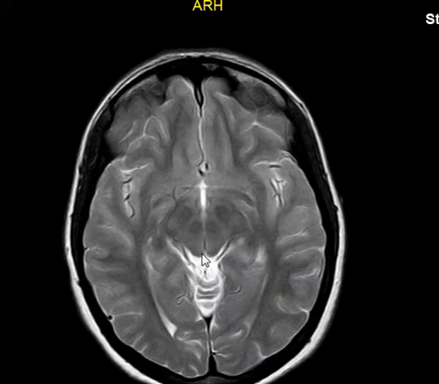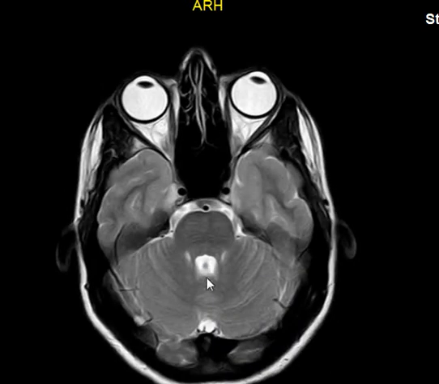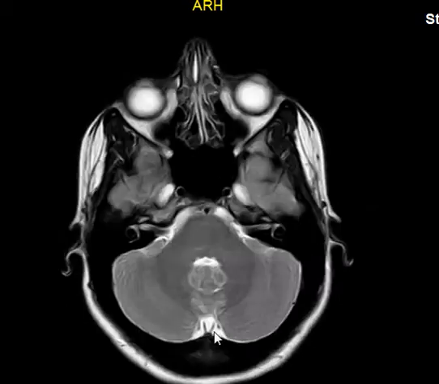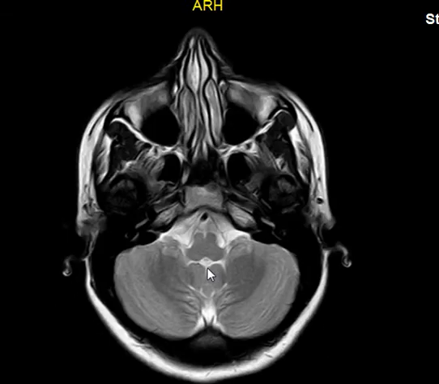It empties into the fourth ventricle, which is bounded anteriorly by the brainstem and posteriorly by the cerebellum. From the fourth ventricle, CSF will flow through these two lateral foramina of Luschka and the central foramen of Magendie. So this is the CSF flow.